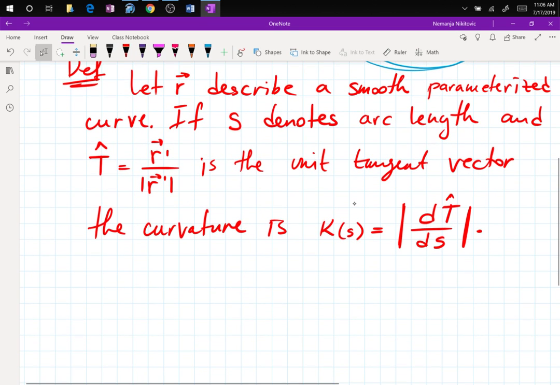So we have a few things to discuss before we can go and calculate things.